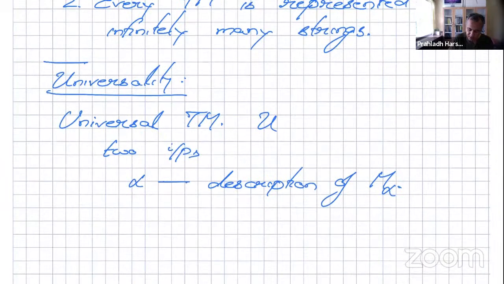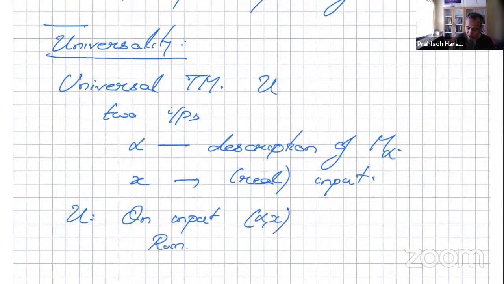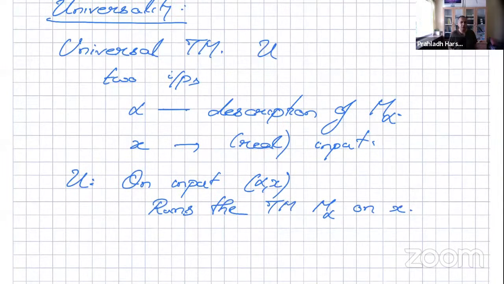The other is X, which is, in some sense, the real input. And U on input alpha x runs the Turing machine M alpha on X.